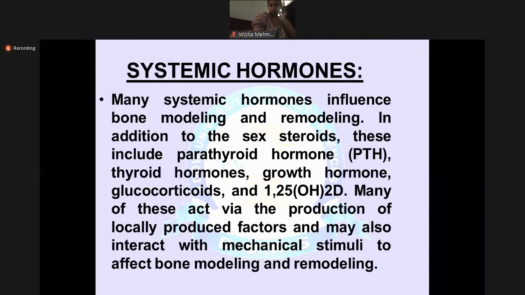Many of these act via the production of locally produced factors and may also interact with mechanical stimuli to affect bone modeling and remodeling. So these are the names of the systemic hormones which are going to influence the process of bone modeling and remodeling.